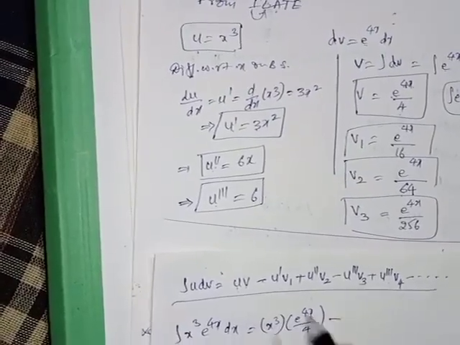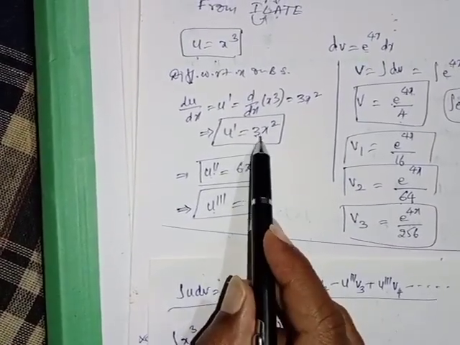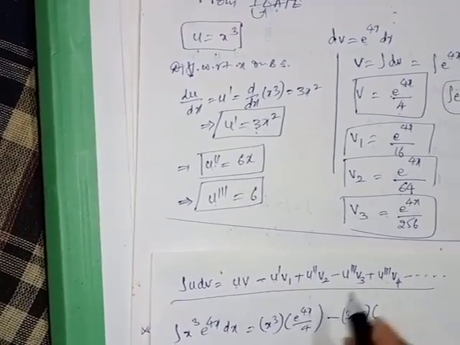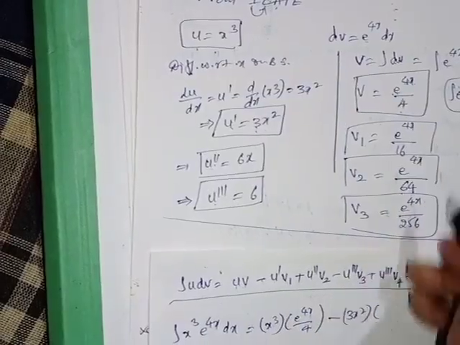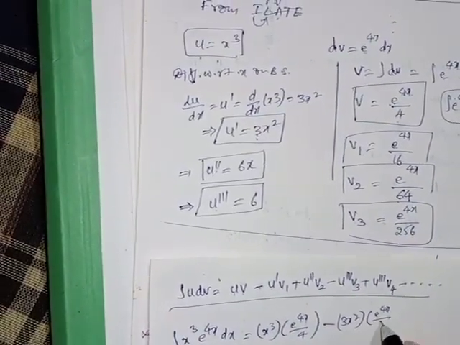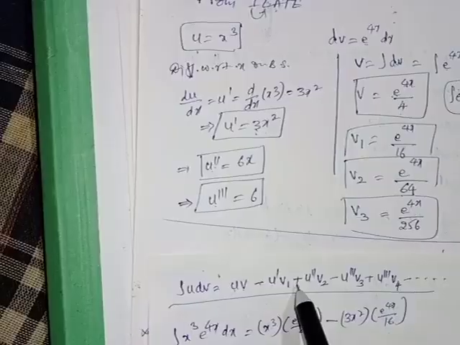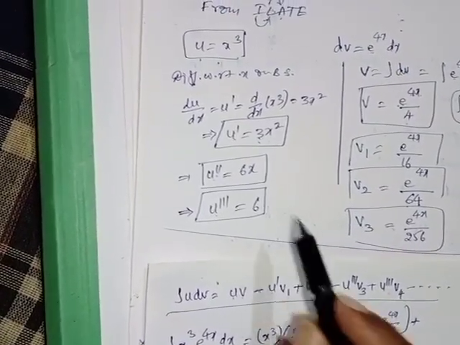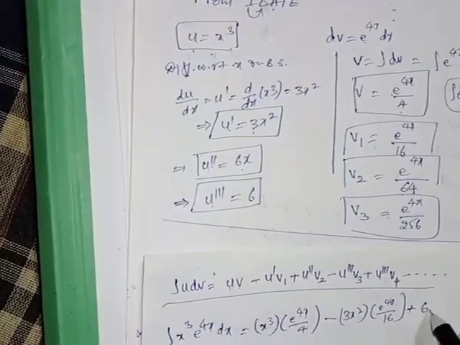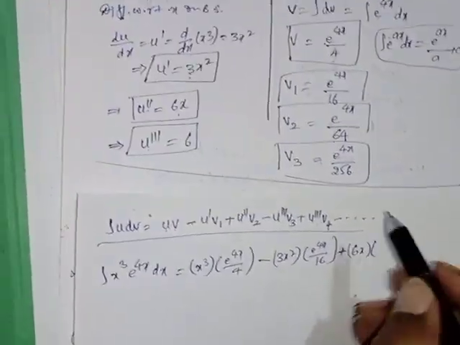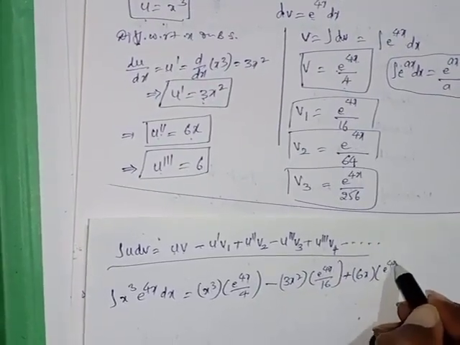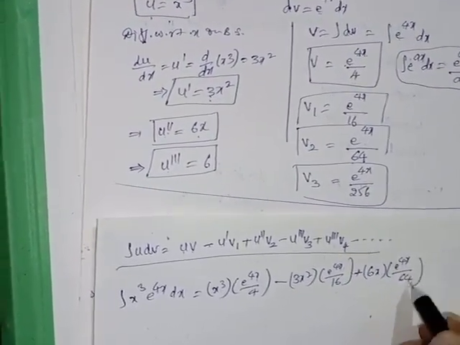Next minus u dash value, 3x square, into v1 value, e power 4x by 16. Next plus u double dash value, 6x, into v2 value, e power 4x by 64.